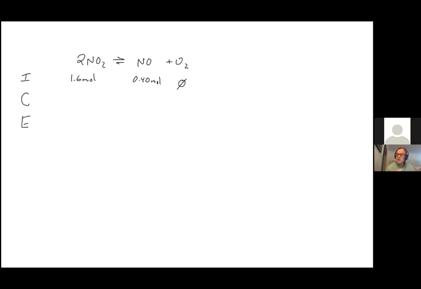So they want molarities. So let's calculate molarities. They tell us that the volume is 250 ml. Okay, so let's do a conversion first. We're going to convert it to liters. Milliliters to liters: 1,000 milliliters is a liter.